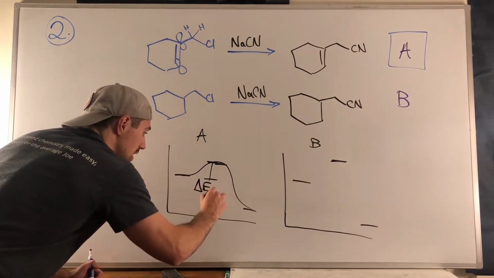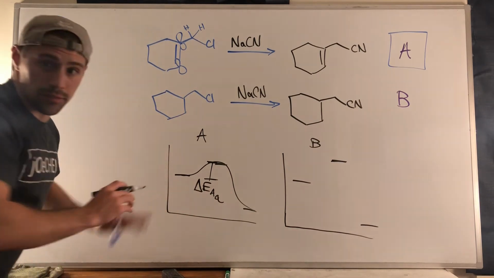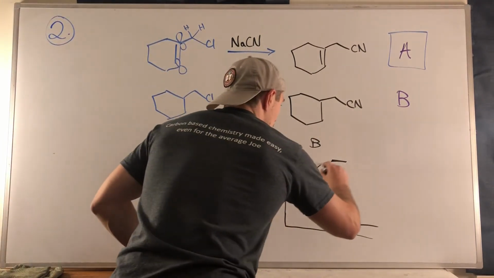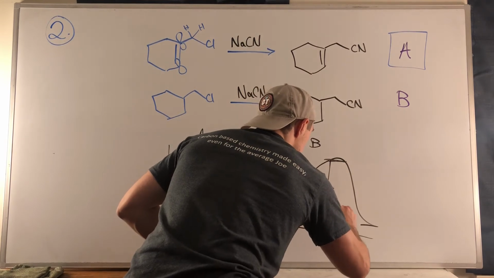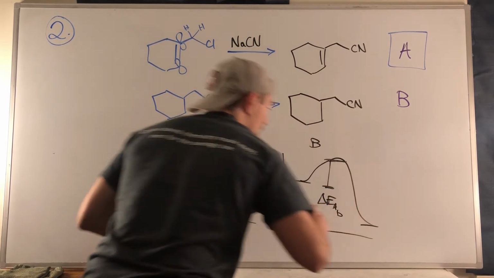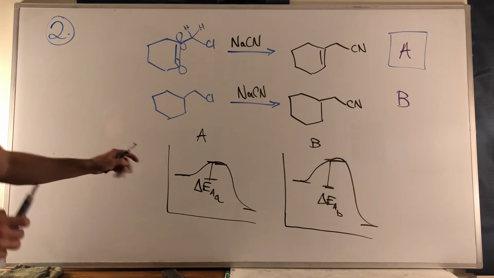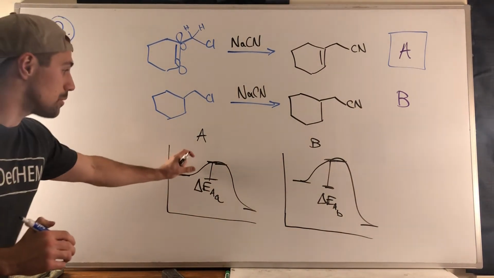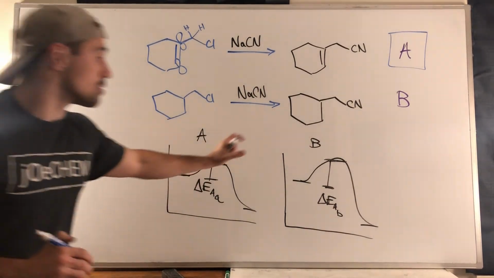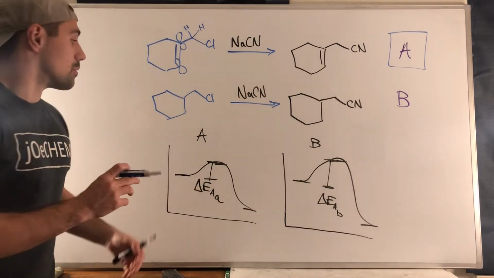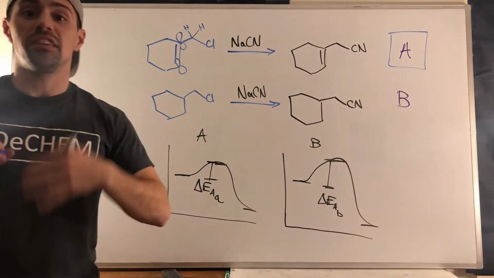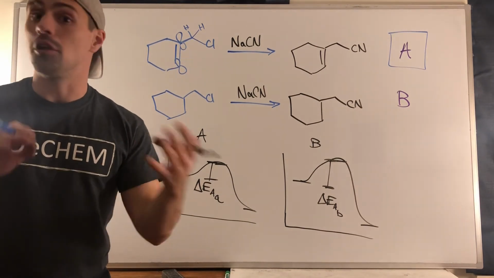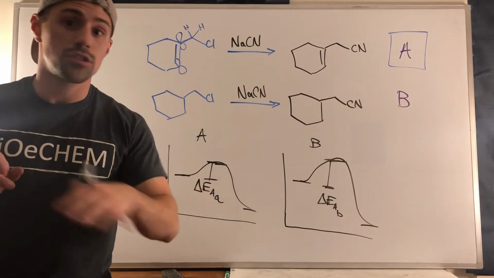I'll put delta EA A for reaction A, and then this is delta EA activation energy B, I'll do lowercase letters. You can see that I on purpose made sure that the delta EA A was smaller than delta EA B, right? Because of the fact that the transition state is more stable, because of the allylic position and the effective conjugation, the stabilization of the p orbitals.